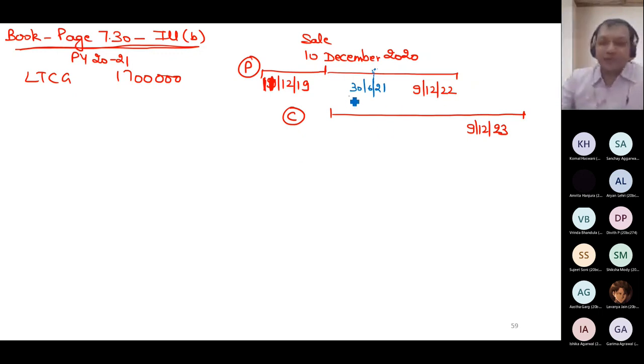He purchased a residential house for 15 lakh. Can you tell me the treatment of 15 lakh? I purchased a residential house in India on 30th June 21. Can you tell me the treatment of 15 lakh?